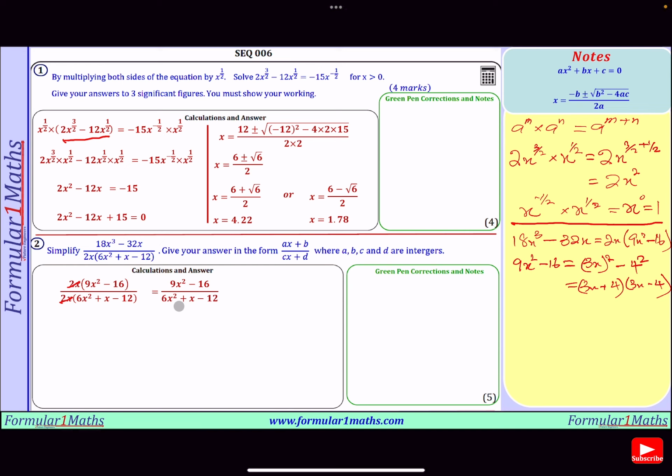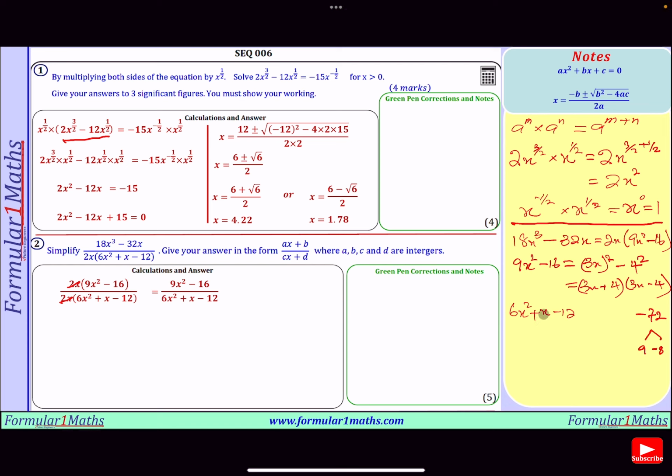So the denominator is 6x squared plus x minus 12. To factorize this, I need to multiply 6 by minus 12 to get minus 72. Then I must split minus 72 down to get two factors, which will add to give 1. And that will be 9 and minus 8.